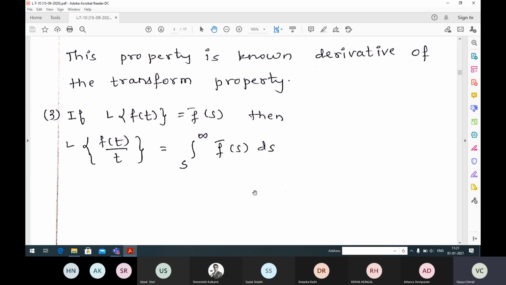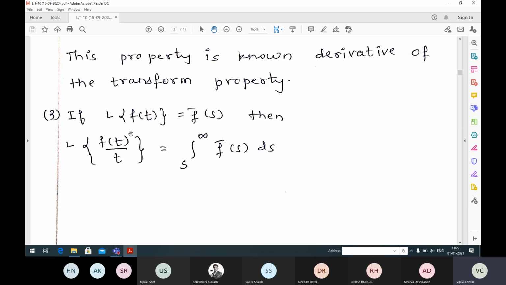Next one: Laplace transform of f of t is equal to f bar s, by definition. Then Laplace transform of f of t divided by t is equal to integration from s to infinity of f bar s ds.